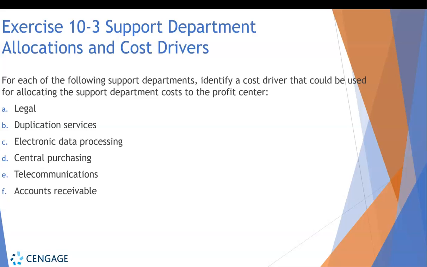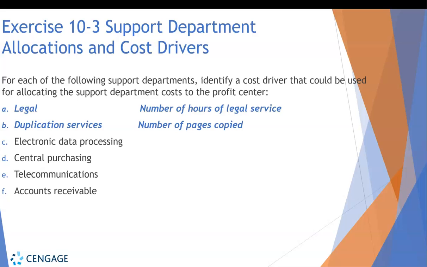Let's look at some more here. For each of the following departments, identify a cost driver that could be used for allocating the support department costs. Legal, of course, hours. Duplication services, pages copied.